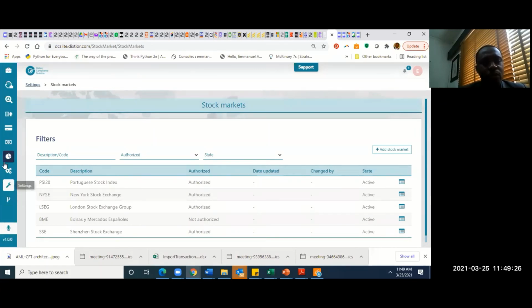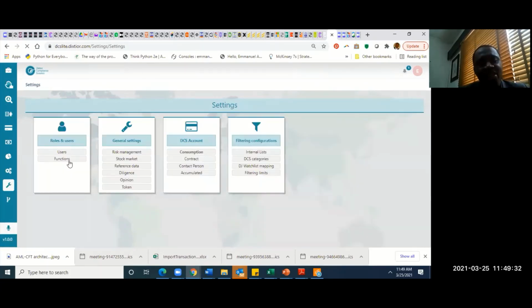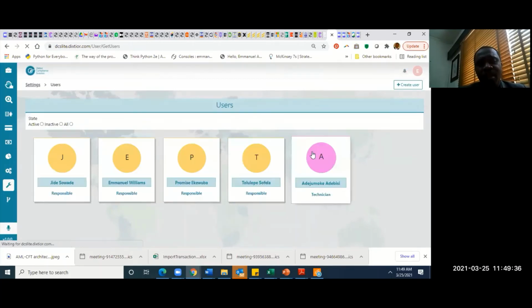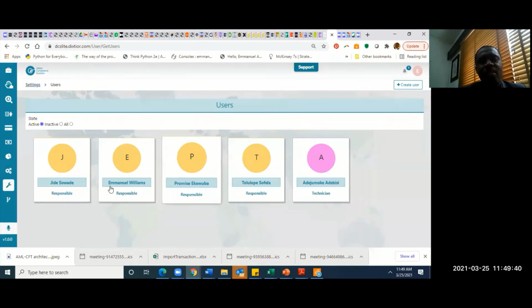Another thing you will find most useful is user management. You are able to set up roles and functions for different users depending on the requirements. So you're able to set up various permissions for your users.